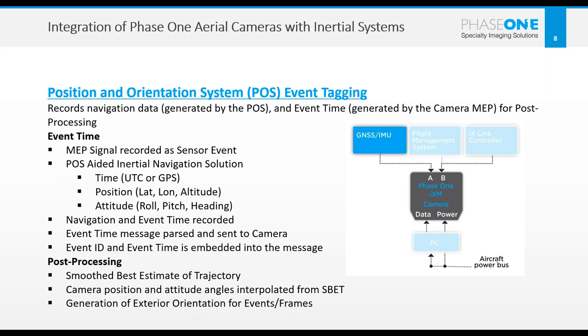So basically, the mid-exposure pulse signal is recorded as a sensor event, plus the navigation solution, also called aided inertial navigation solutions, that contains time, either UTC or GPS time, position (latitude, longitude, altitude), and also attitude (roll, pitch, heading), and some other information like track, velocity, speed.